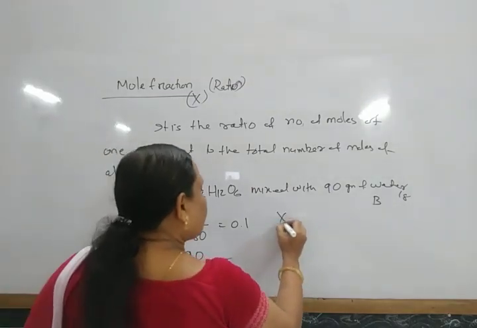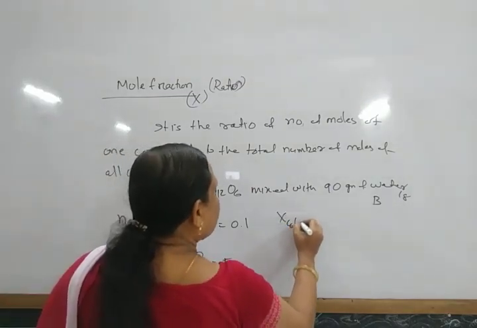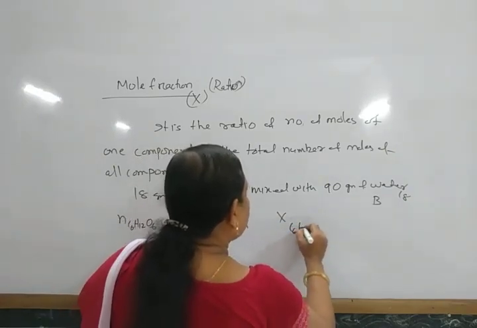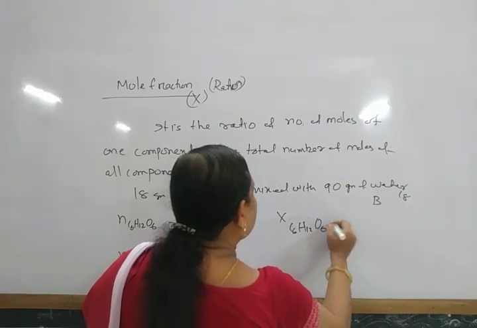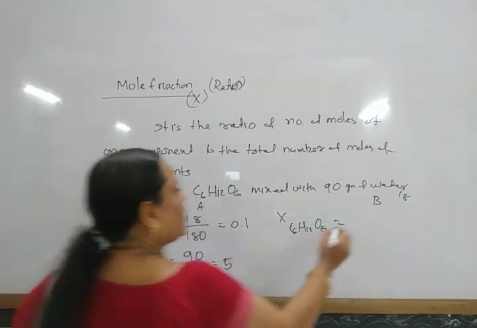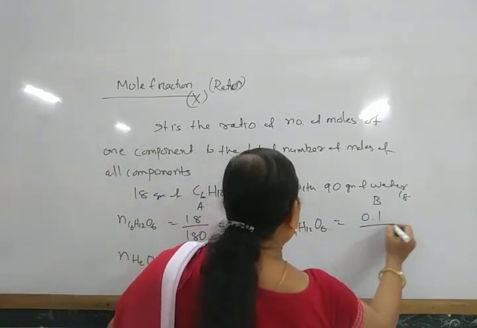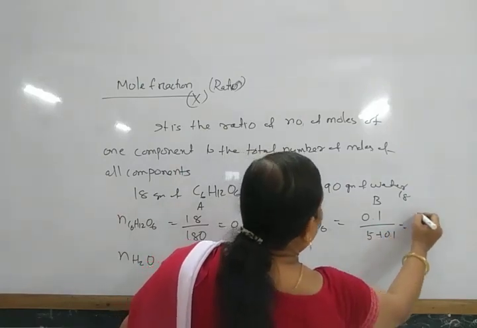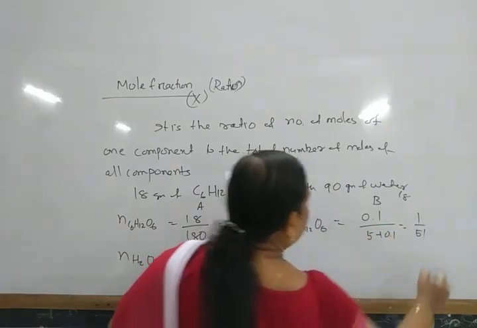Then mole fraction of glucose, C6H12O6, is equal to 0.1 by 5 plus 0.1, that is 1 by 51.